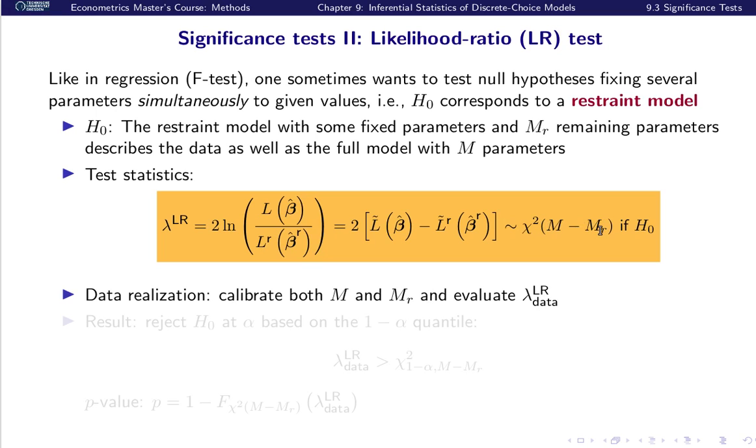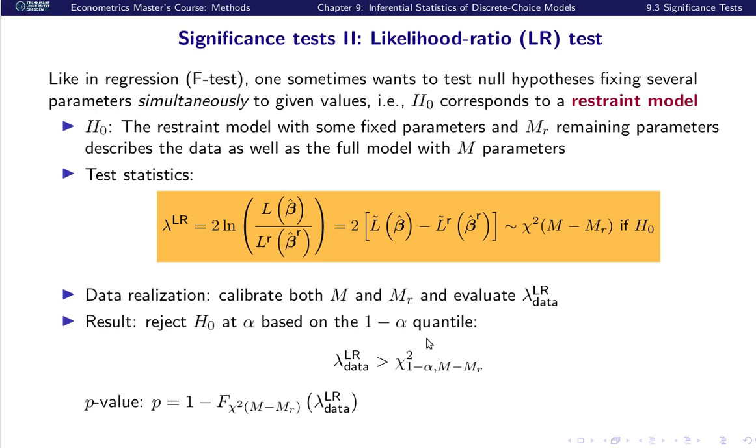Of course, for a data realization you just calculate it, and obviously the full model describes the data better if the log likelihood is much larger. That means the null hypothesis is rejected if this is greater than a threshold value, and this threshold value is just the usual quantile at the significance level alpha.